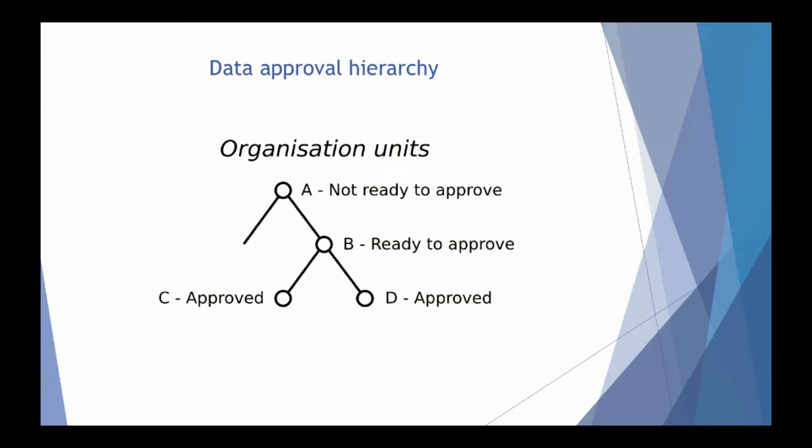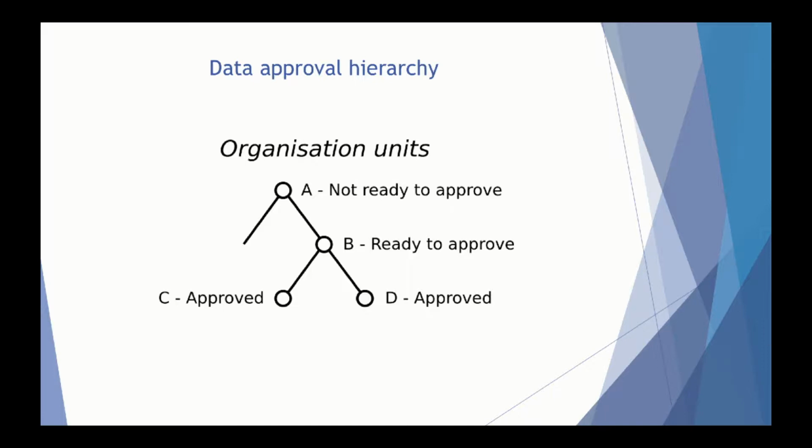First of all, something you probably know, but we'll go over the basics. There's a hierarchy to data approval, so they can be used, as in this instance, in an organization unit hierarchy. We'll talk later about how you can have the hierarchy more flexible than just following the organization unit.